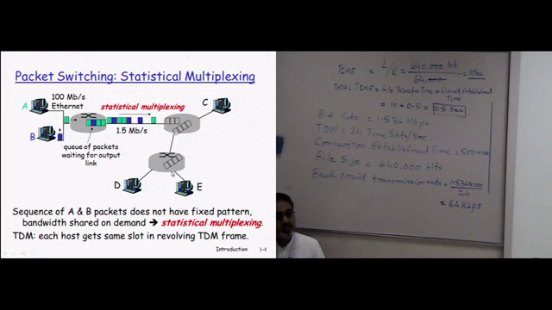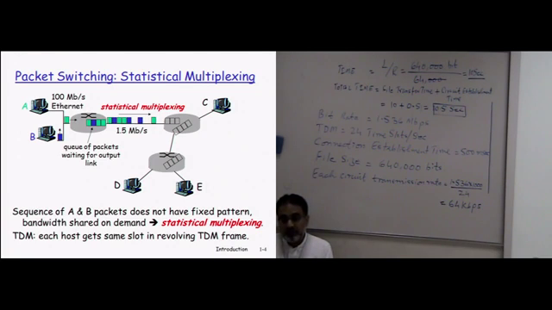So how many routers will the packet cross in order to reach destination E from source A? 3 routers. So there are 3 hops between source A and destination E. Clear?